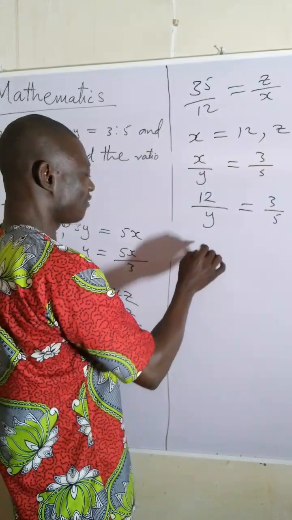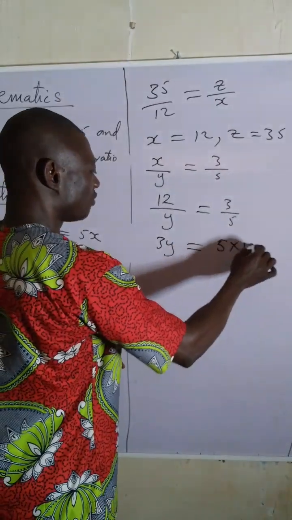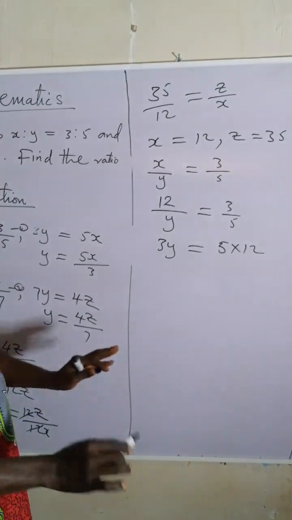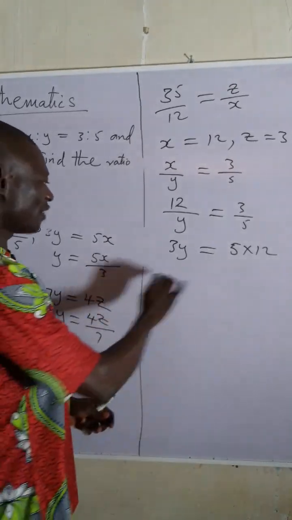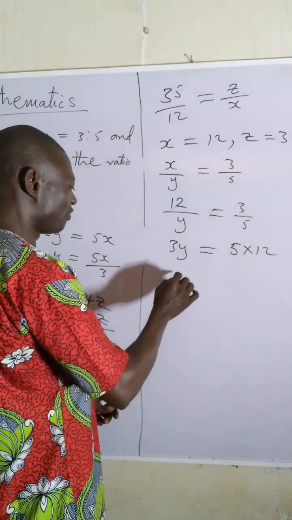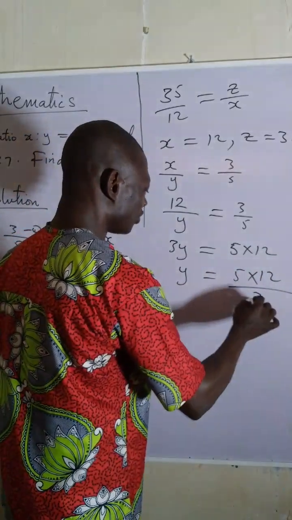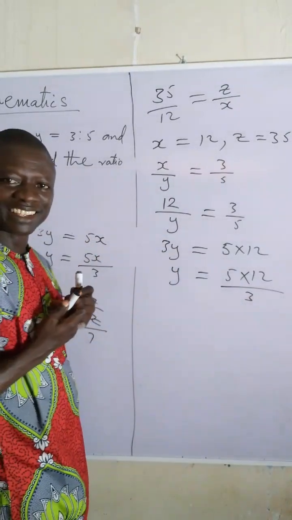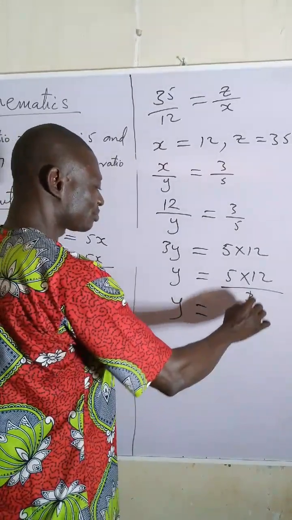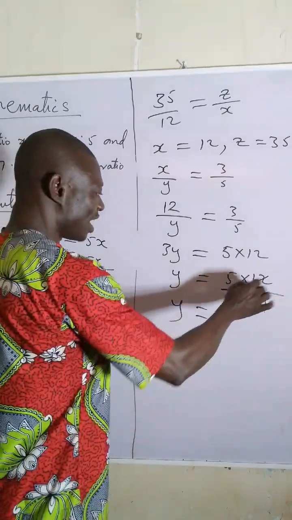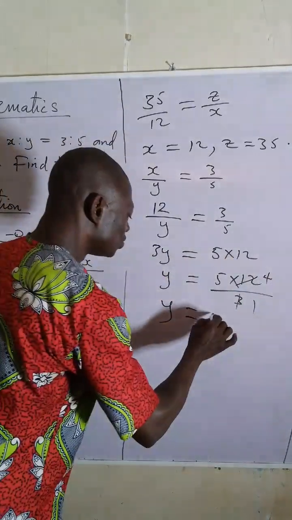That means we can cross multiply. I have 3y is equal to 5 times 12. Divide both sides by 3, and we have y is equal to 5 times 12 over 3. 12 divided by 3 gives us 4, and 5 times 4 is 20.